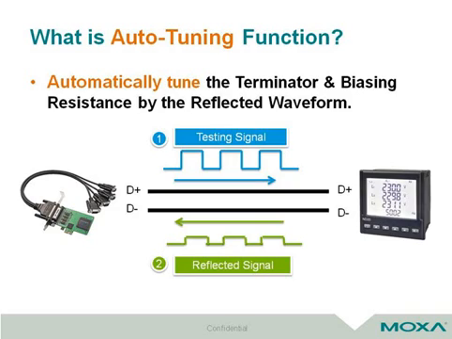When we execute the auto-tuning function, the multiple serial board will send the testing signal by CPLD, and then there is a reflected signal coming from the device and sent to MSB. And the reflected signal will be analyzed by CPLD and tell the driver how to tune to the optimized value.